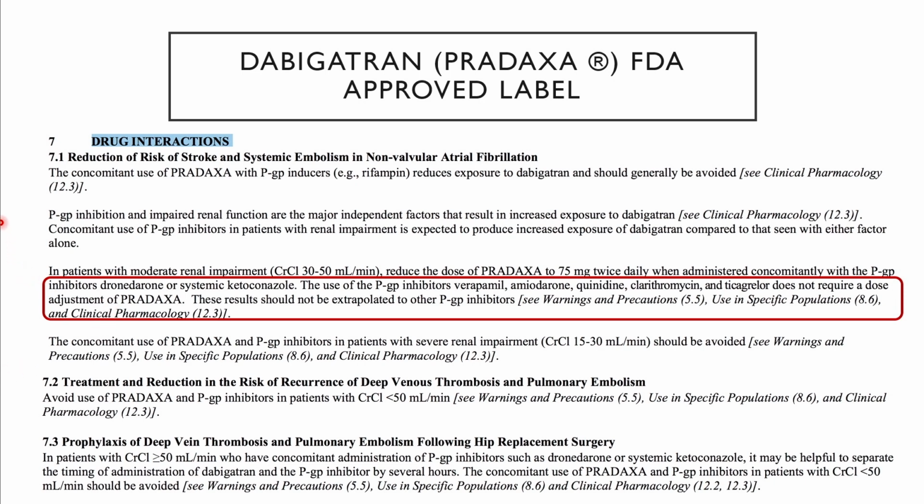So I've pulled for you here the FDA-approved label for dabigatran, and I've specifically highlighted the section on drug interactions. If you take a look, these labels are actually quite complicated to go through, and as clinicians, we have to make sure that we're looking at these medications for the right indication, and we understand what data is available, and if that data can be extrapolated to other drugs of interest and other target populations.